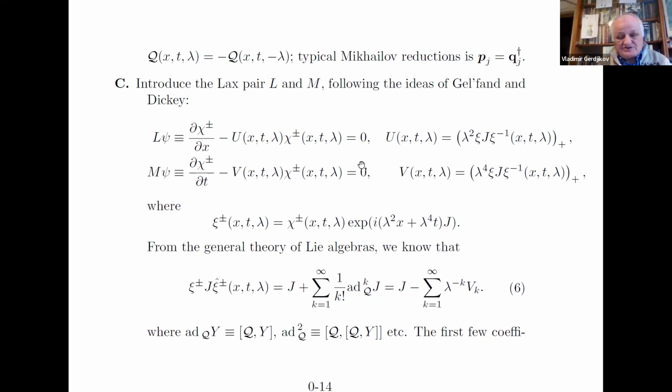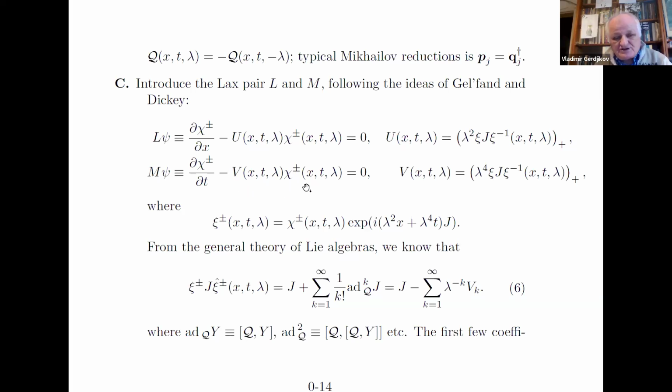U of x, t and lambda is evaluated like this. We take lambda squared psi j psi inverse. Psi is the solution of the Riemann-Hilbert problem. Psi j psi inverse is an element of the Lie algebra. This is a similarity transformation on the Lie algebra element j. And then we multiply this element by lambda squared, and then we take only the polynomial part of this expression, okay?